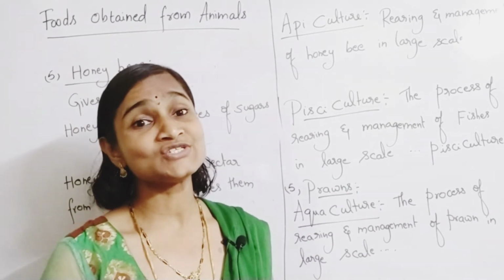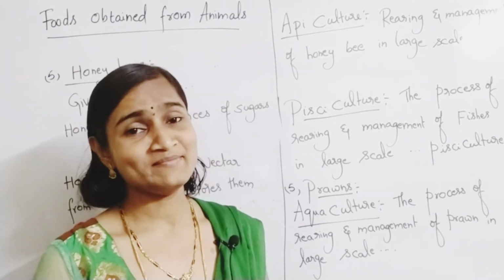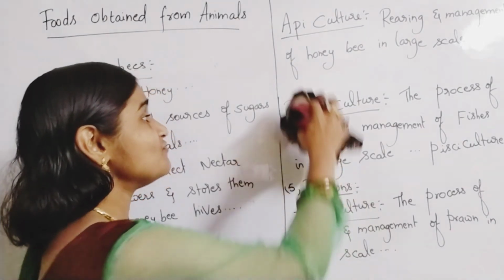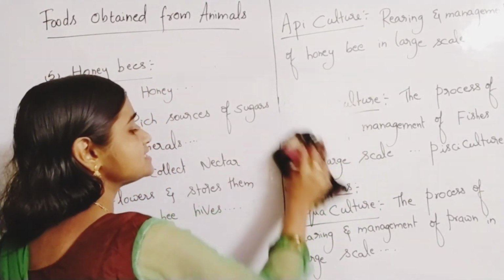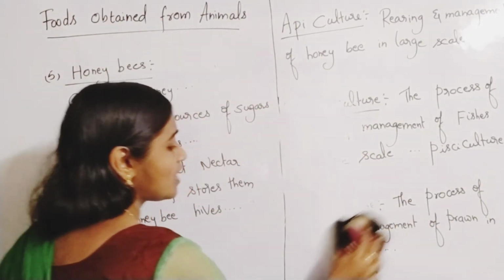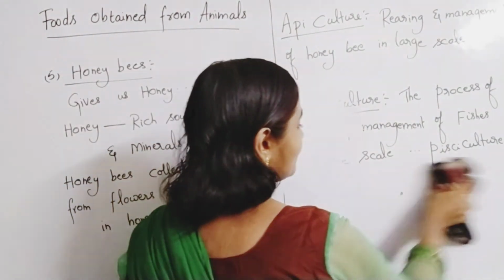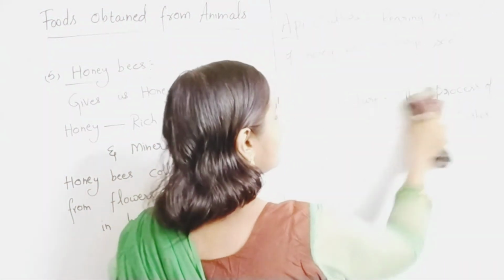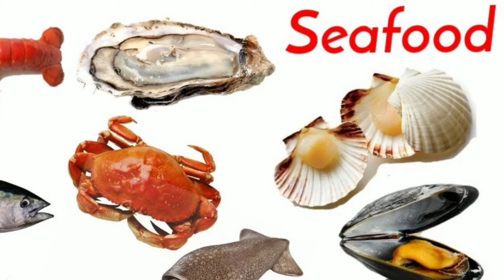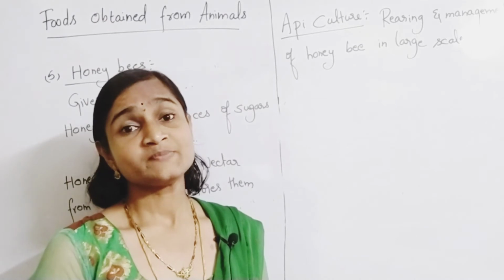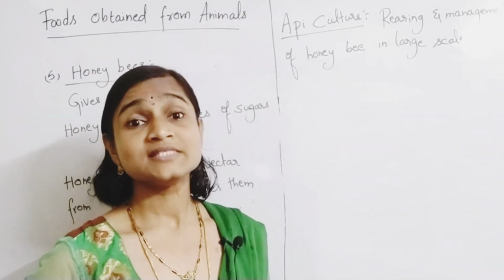So from all this, what do we get? Different sources of food from animals, isn't it? And finally we will be learning about seafoods. What are seafoods? Seafoods are rich sources of iodine and proteins as well as fibers. Most people nowadays are specially concentrating on seafoods.